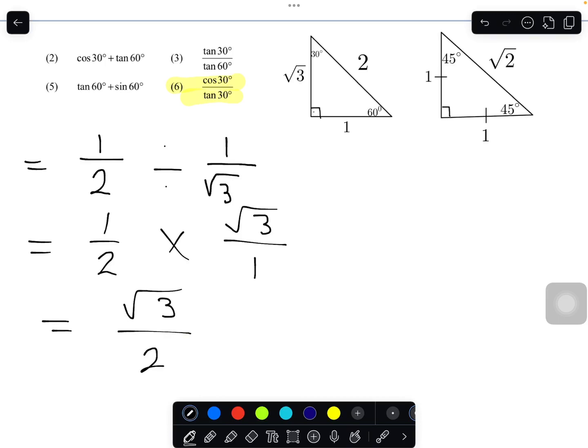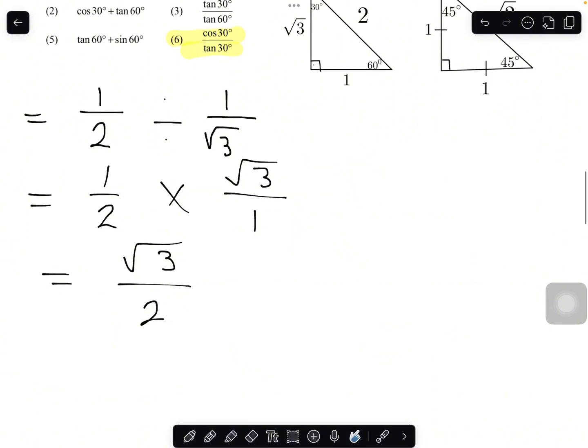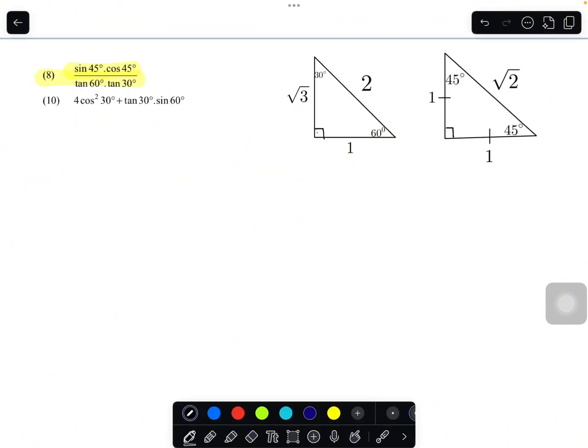Hope this was helpful. We're going to go to some more advanced examples now. So now we're dealing with multiple terms. So let's look here.